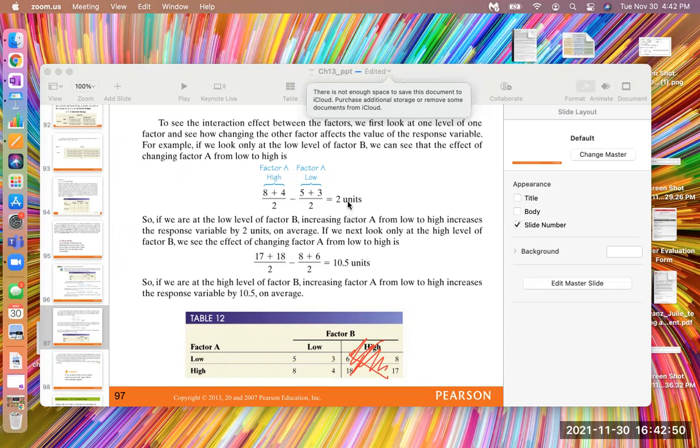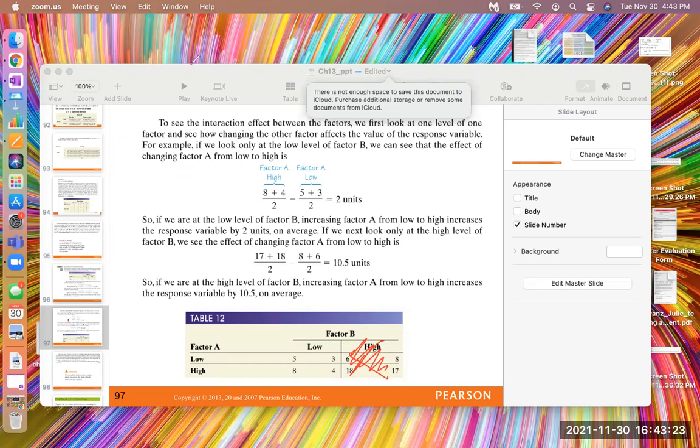So when we are at a low level of B, we would expect the response variable only to go up 2 units when we increase A from low to high, which is troubling because a minute ago, we thought on average going from low to high on A would give us 6.25 units, right?